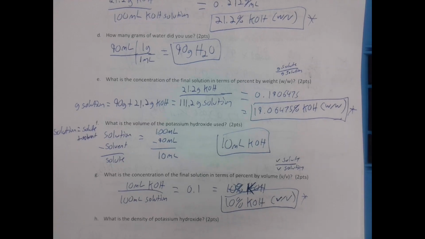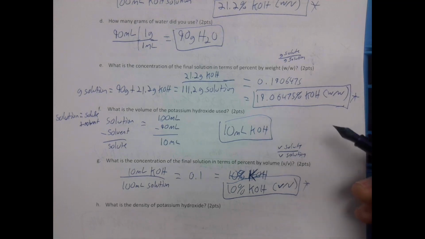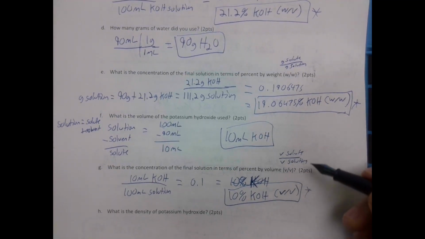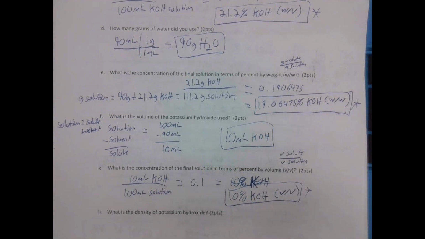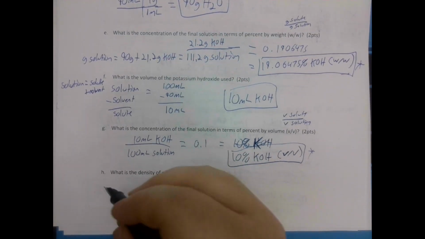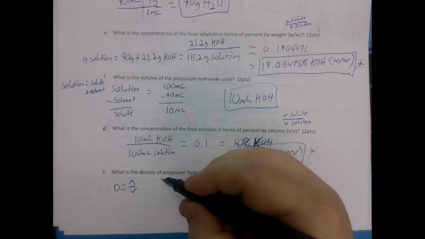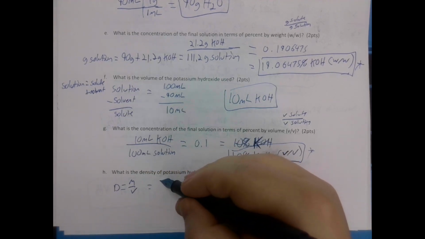So if you grab 10% and assume this was weight per weight, and it was really volume per volume, your solution is actually twice as strong as what you were thinking. Lastly, density. Density is equal to mass per volume.